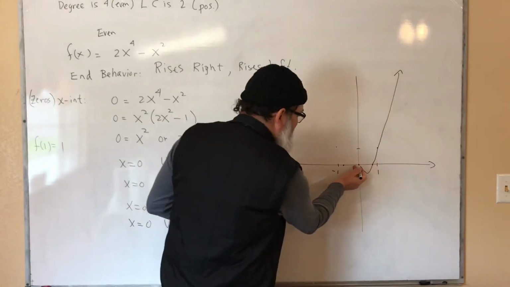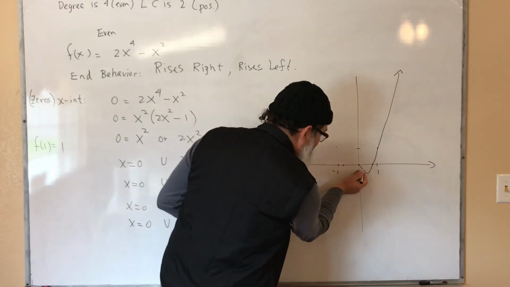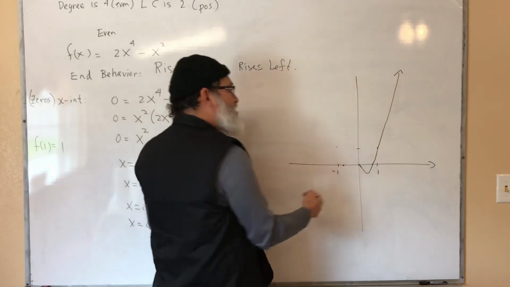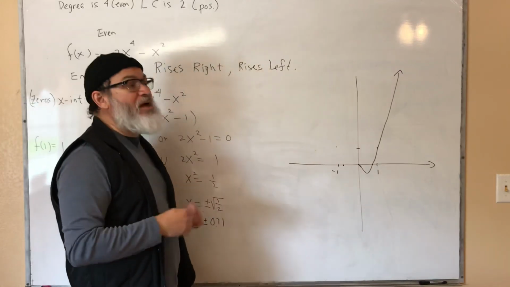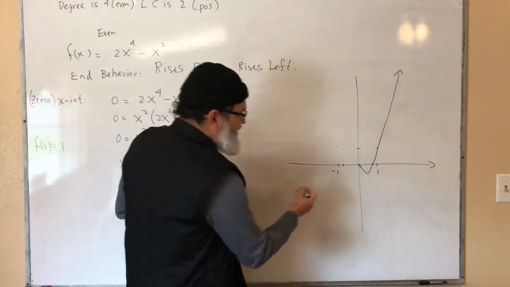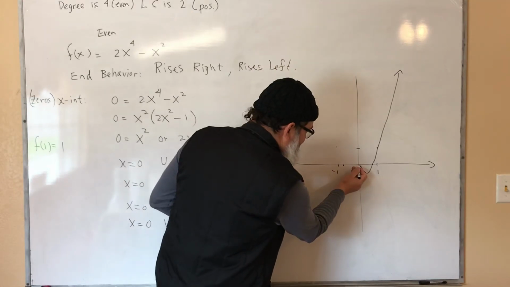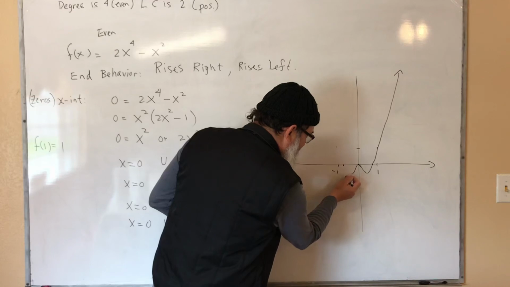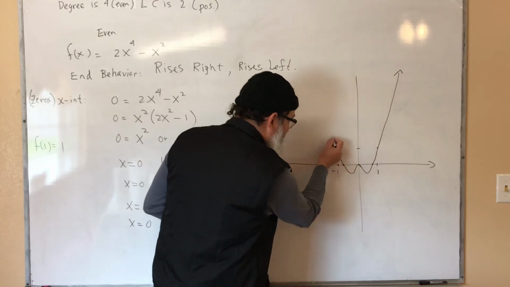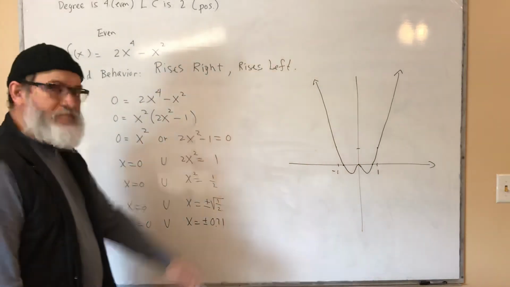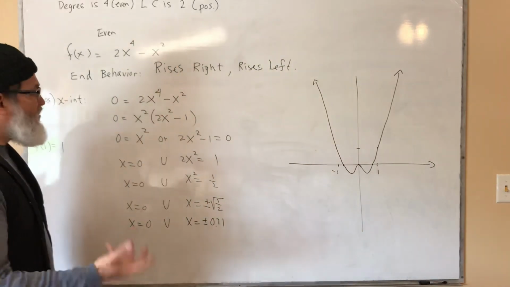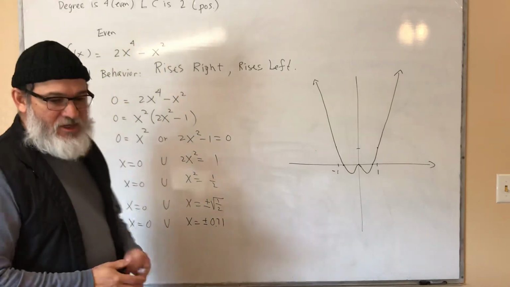So it touches there, comes back down, and it's going to repeat itself again across the y-axis because it is even. So it's going to do exactly the same thing as this. It's going to go down, come back up, and then do this. So we're using all this information, guys.